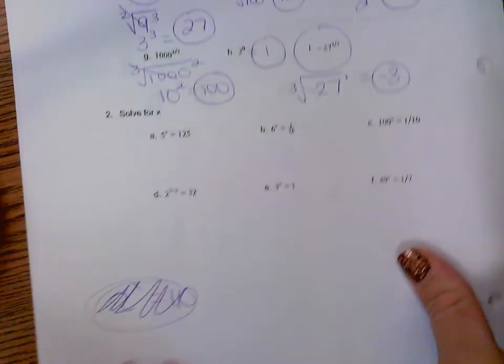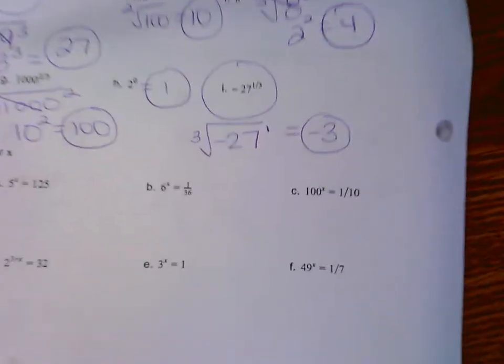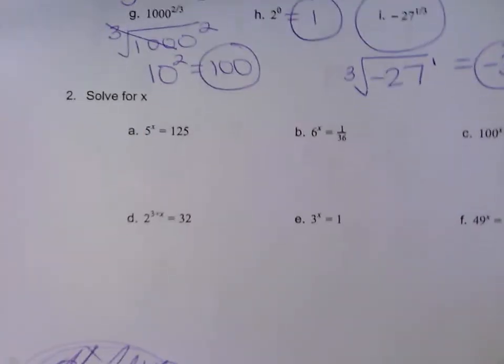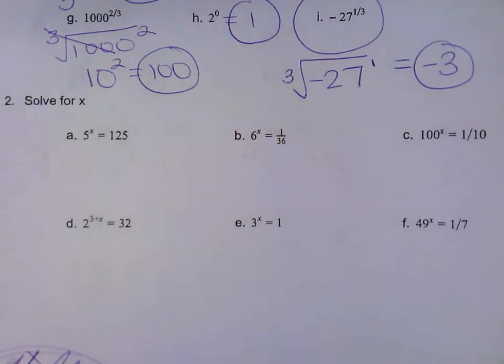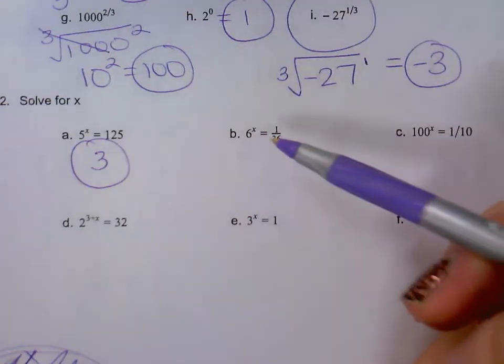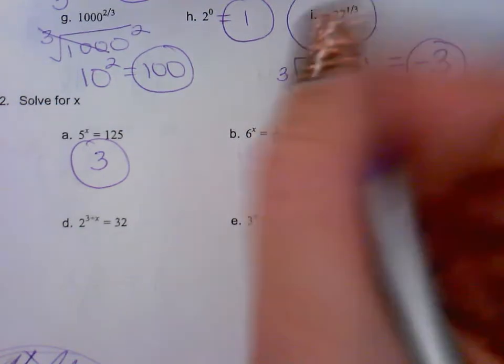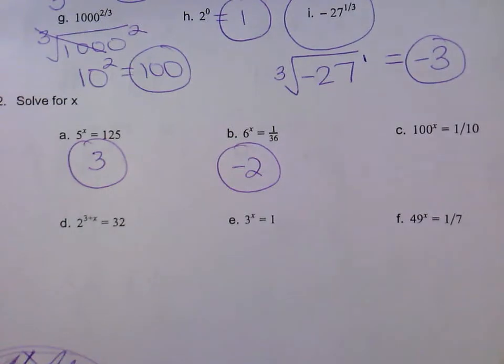All right, and then down here at the bottom, solving these exponential equations, I think you should have gotten A, right? It's just 5 cubed is 125. And then how do I go from 6 to 1 over 36? It would be the negative second power, right? Because you're squaring it and flipping it over.